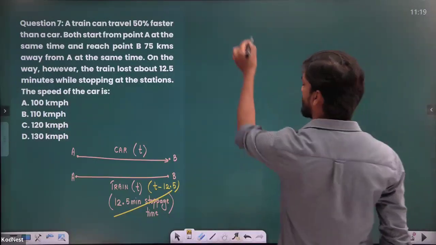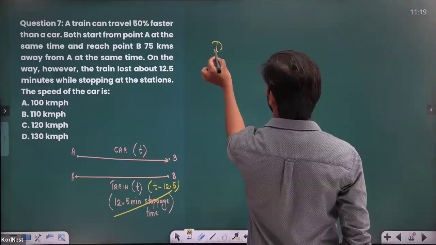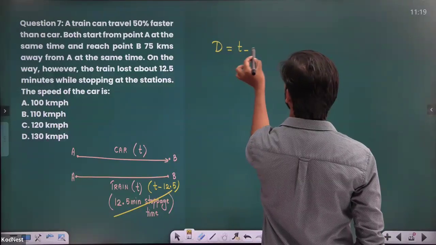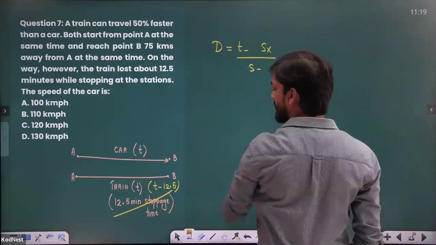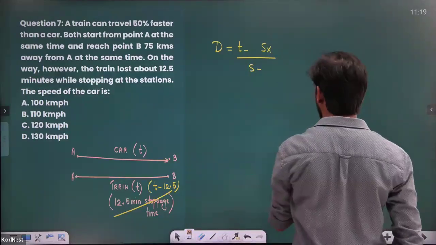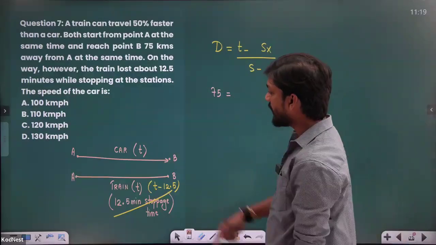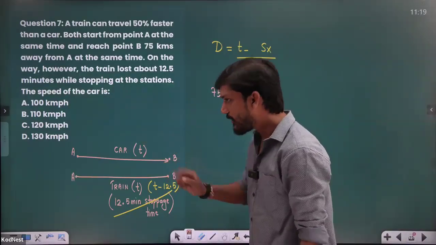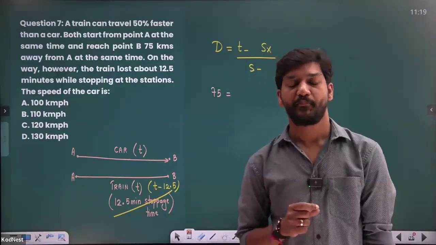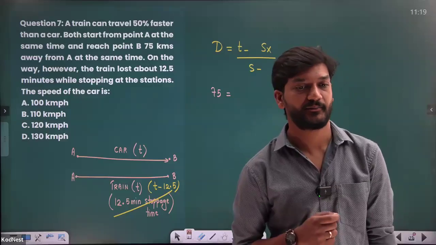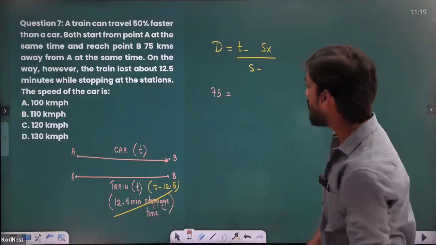Okay. So now carefully see. If I write the formula, distance equal to the product of speeds divided by the difference of speeds, times the time difference. Distance is 75 kilometers. How much is the difference of time taken by car and train? 12.5 minutes.